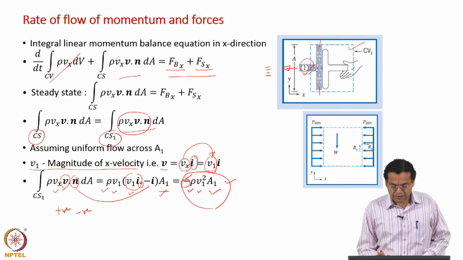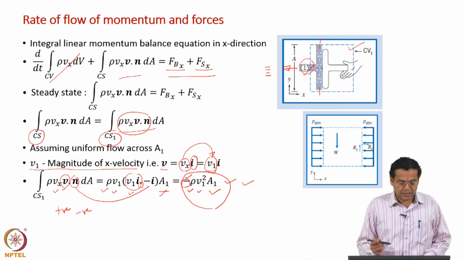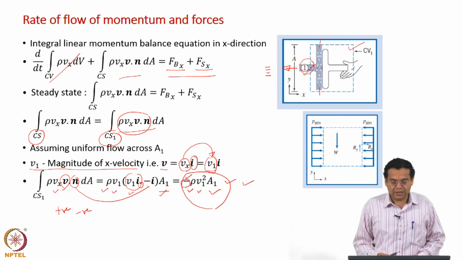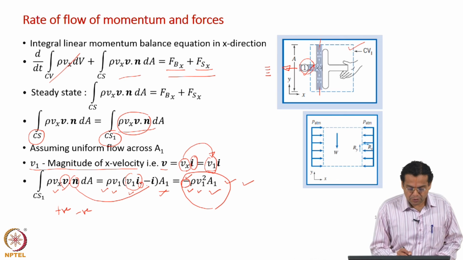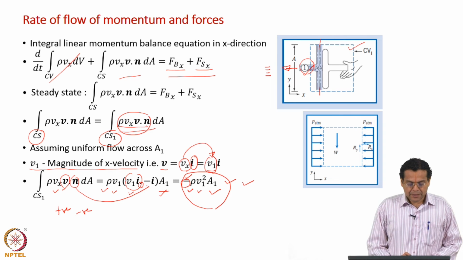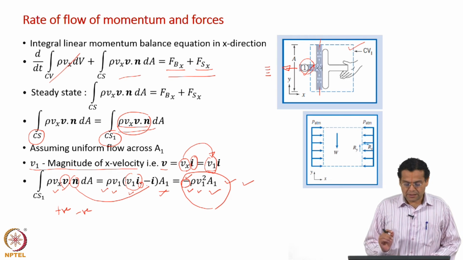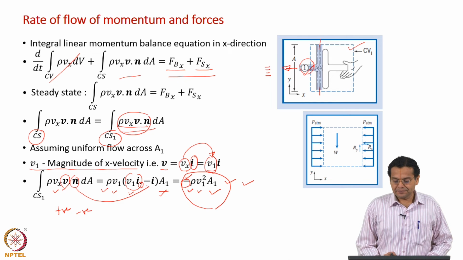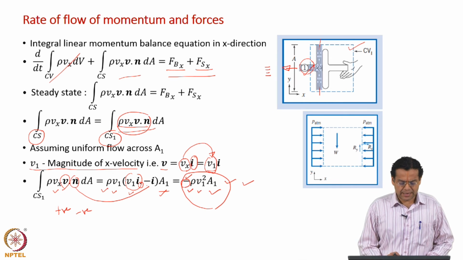I would like to repeat this one because later on I can quickly go through this step. What we have is rho Vx V dot n. Vx in this case is the component of the velocity in the x direction, which is V1, being positive, and I substitute for Vx.